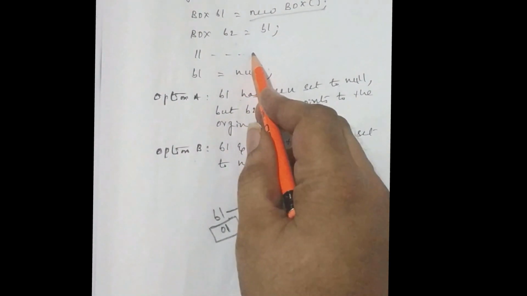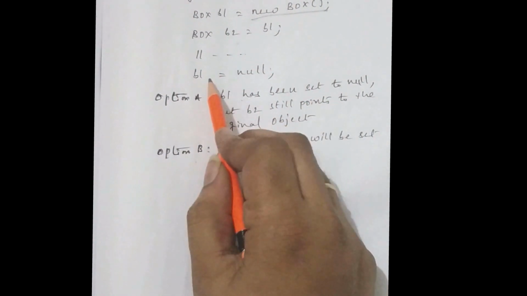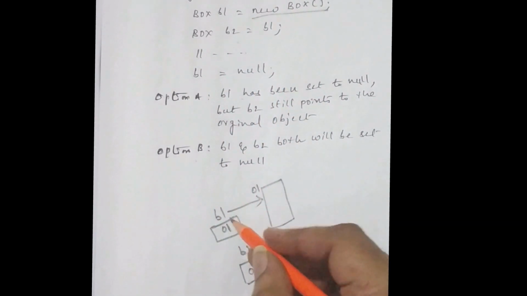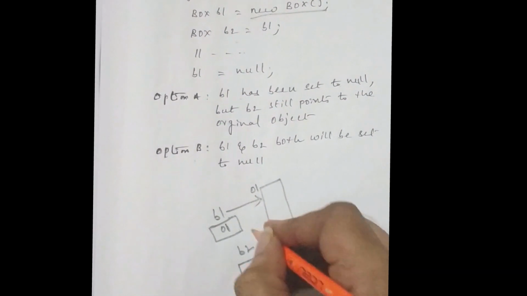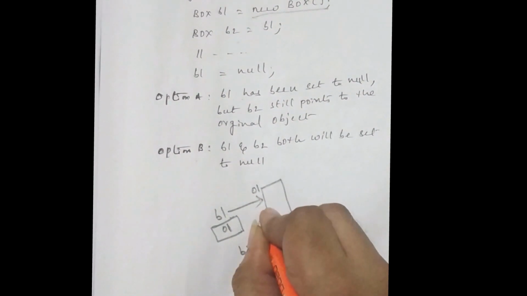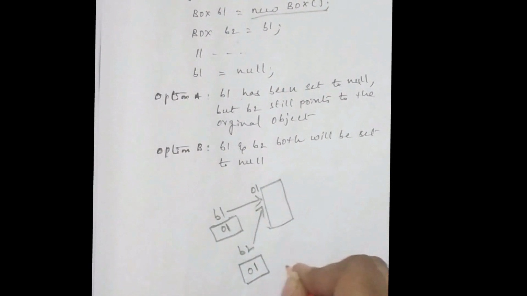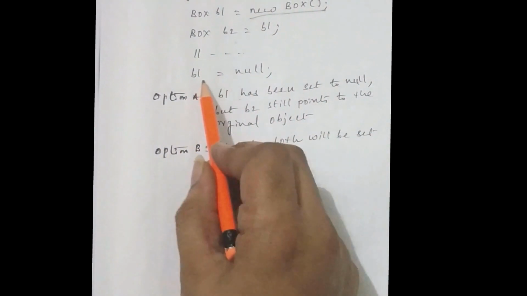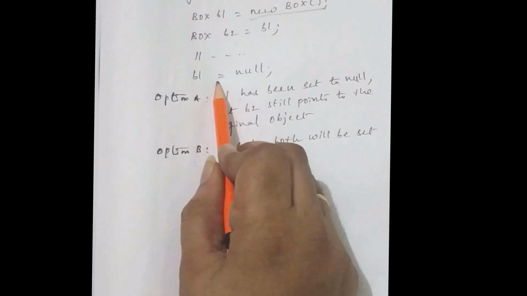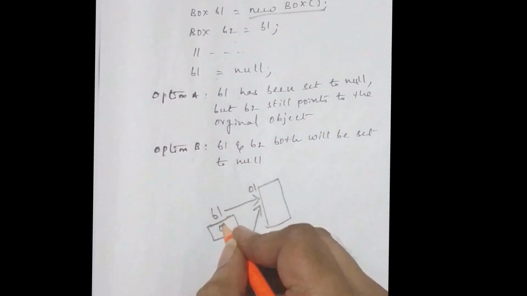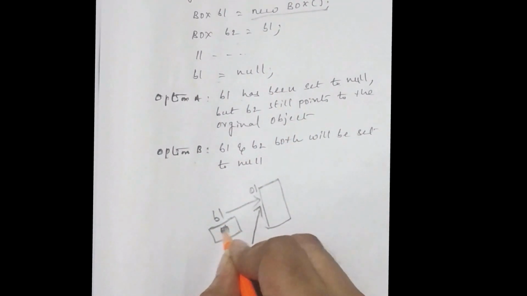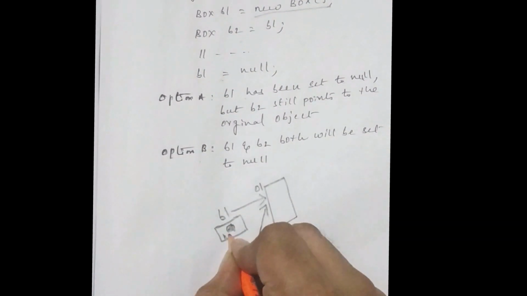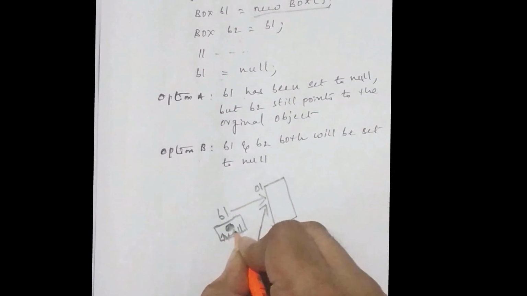After some set of statements, I am writing B1 equal to null, and before that, since both B1 and B2 have the same value, both B1 and B2 refer to the same object. Now later what I am doing, B1 equal to null, means I am changing the value of 0, 1 to a null value.